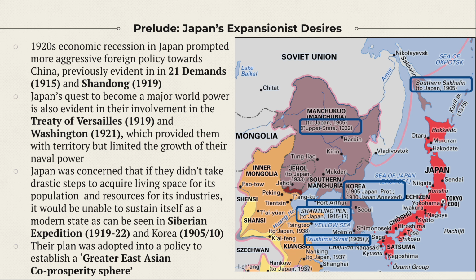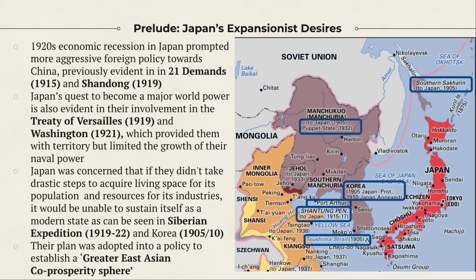So that is why they become involved in the Russian Civil War and launch the Siberian expedition. We then see Korea becoming a protectorate and then having formal control in 1910. So this is the movement towards a greater East Asian Co-Prosperity Sphere that we see developing in this early period.